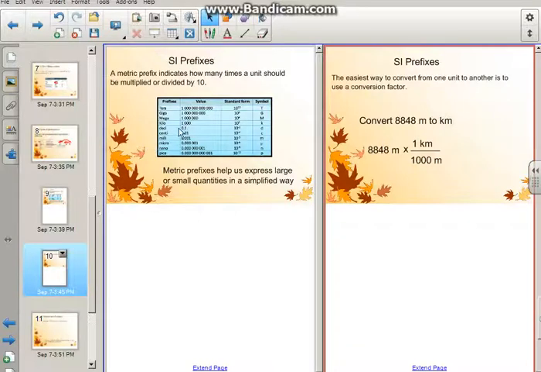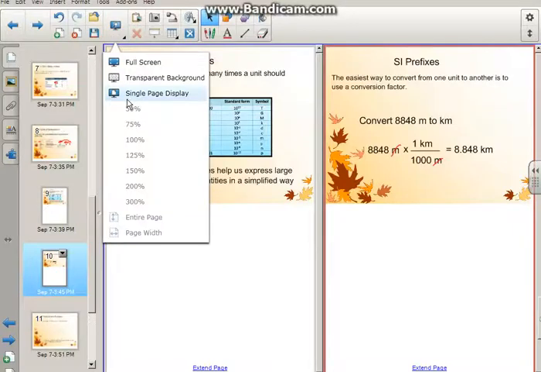So if we look over at our chart, kilo means 1,000. So there are 1,000 meters in 1 kilometer. And the reason why we have meters on the bottom here is because we need the unit meters to cancel each other out so that we're left with kilometers. So 8,848 meters is 8.848 kilometers. We'll get more practice with these too.